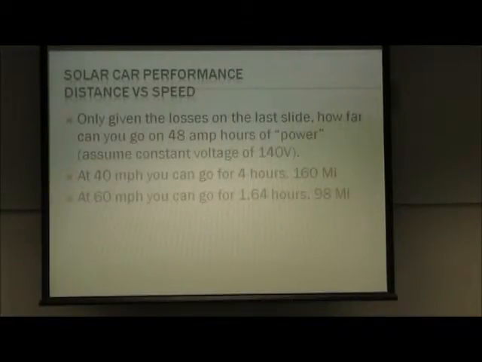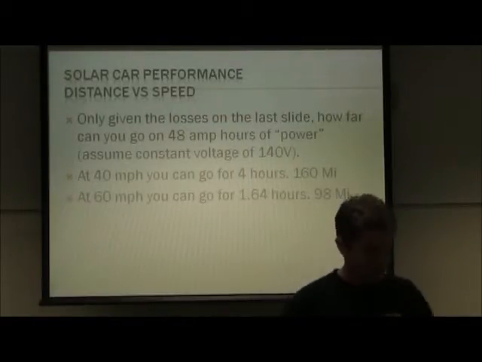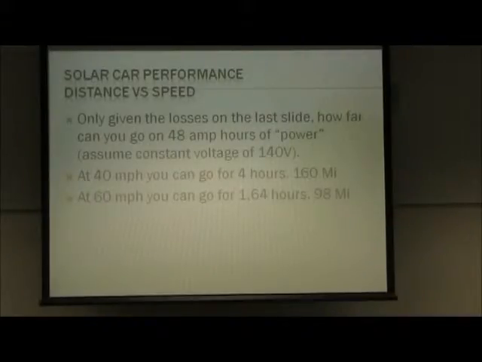So here's a couple numbers from that graph, only given the losses on the last slide, none of the other losses. How far can you go on 48 amp hours? Since it's constant voltage, that's effectively power, and those were in amps. At 40 miles an hour, you go for 4 hours.